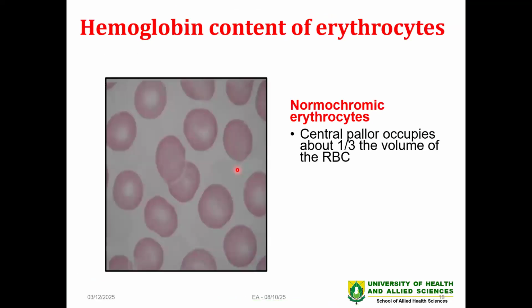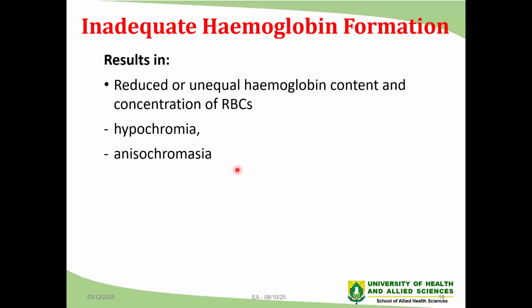All right. But in the case where you have inadequate hemoglobin formation or inadequate hemoglobin production, it will lead to a reduced or unequal distribution of hemoglobin within the red cell. And so you end up having hypochromic red cells or anisochromasia.